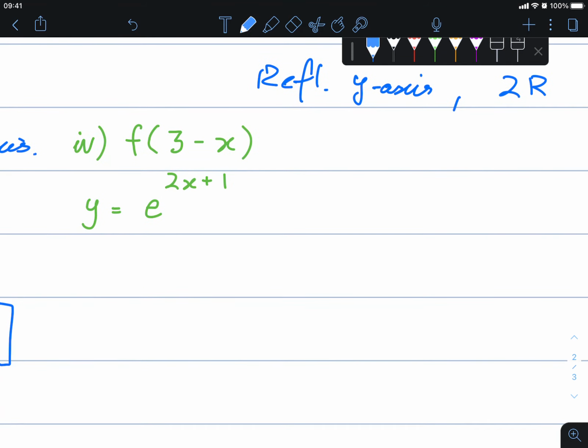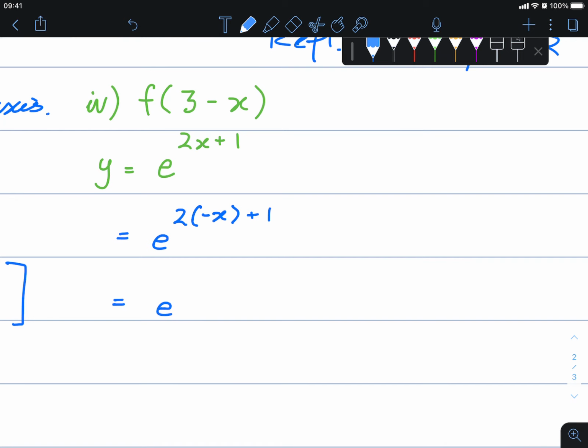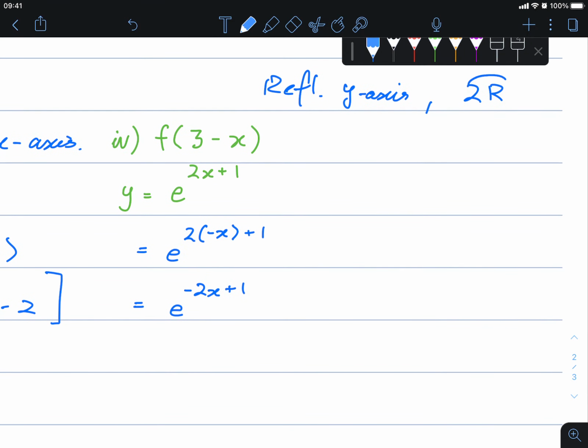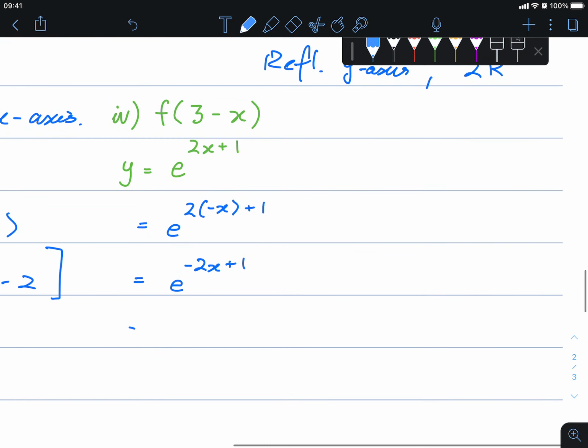So applying this first, let's do a reflection on the y-axis first. Negative x plus 1. That gives us e to the negative 2x plus 1. And now a translation to the right, e to the negative 2, x minus 2 plus 1.